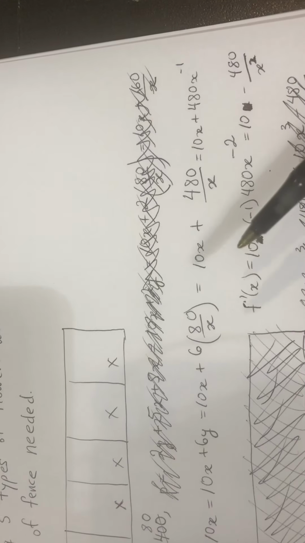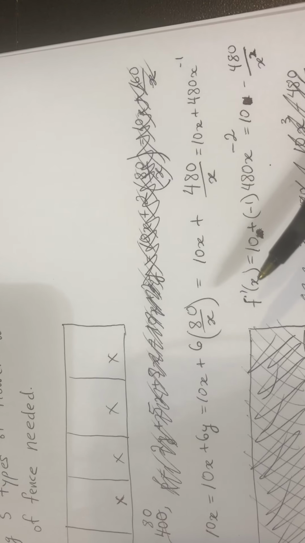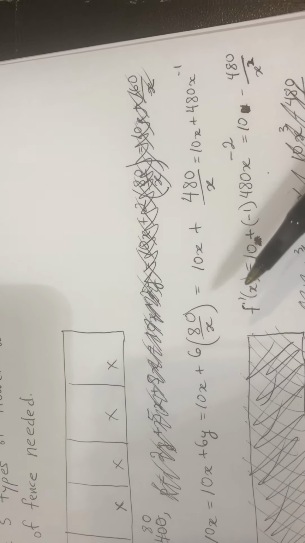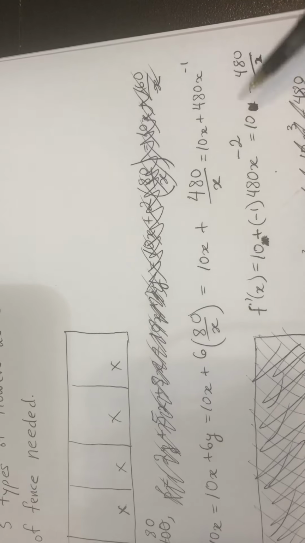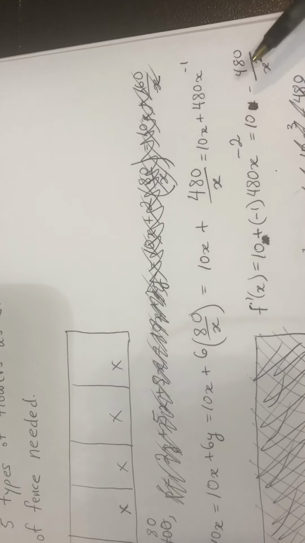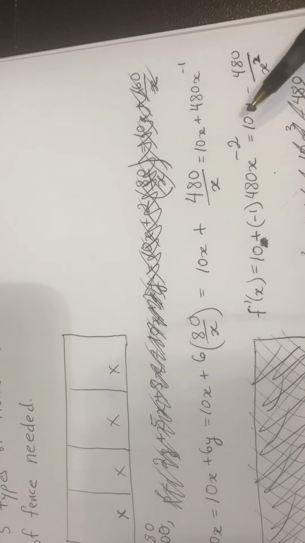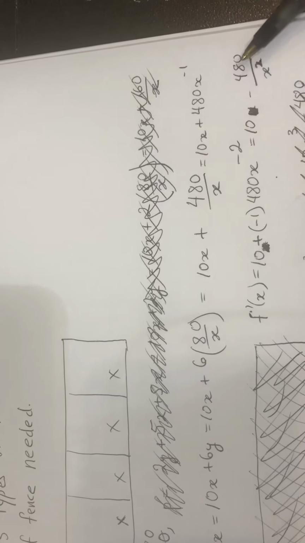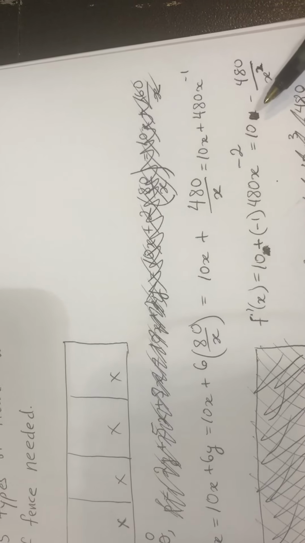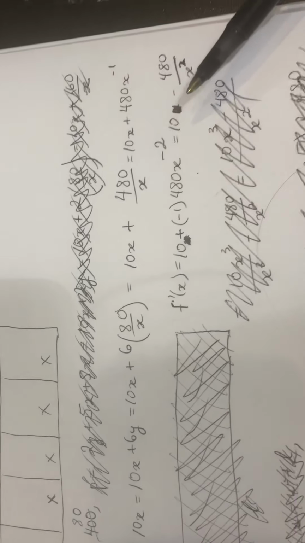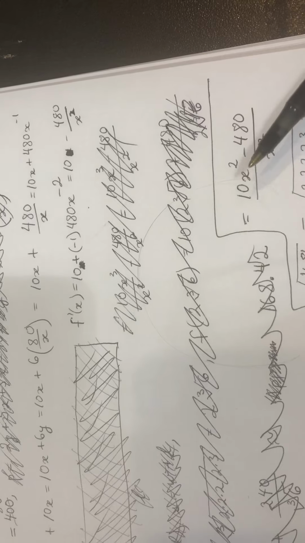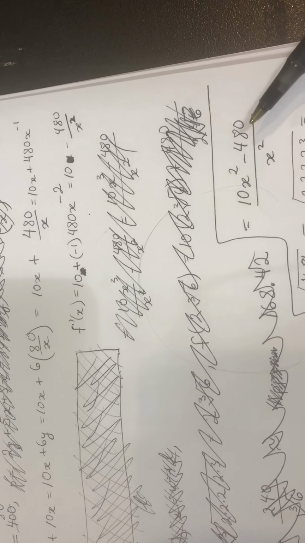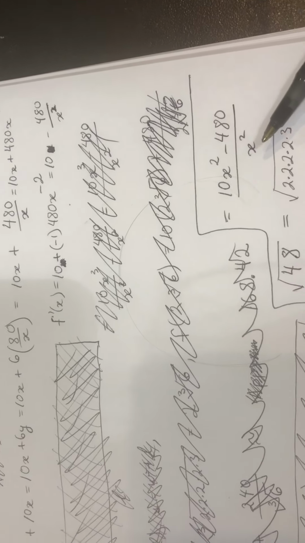Now we're trying to find the minimum fencing, so we want to analyze the sign of this derivative. Consider this a sum of rational expressions. When you want to analyze the sign of a sum of rational expressions, I find it useful just to add those rational expressions as a first step. So we find a common denominator, and we get 10x squared minus 480 over x squared.